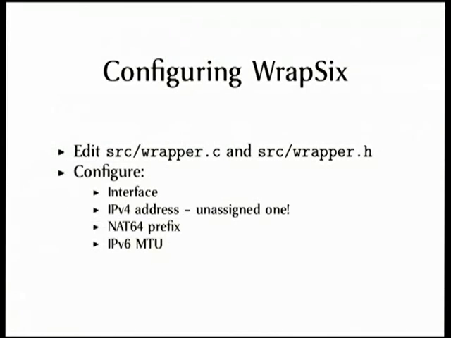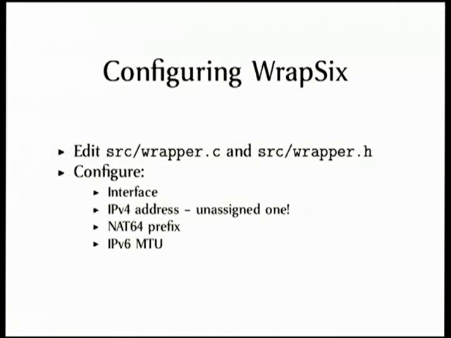Because I had different priorities than some nice configuration interface or configuration files, I just left it in the source code, but in documented sections, so you can find it easily. You can configure the interface where WrapSix will run.